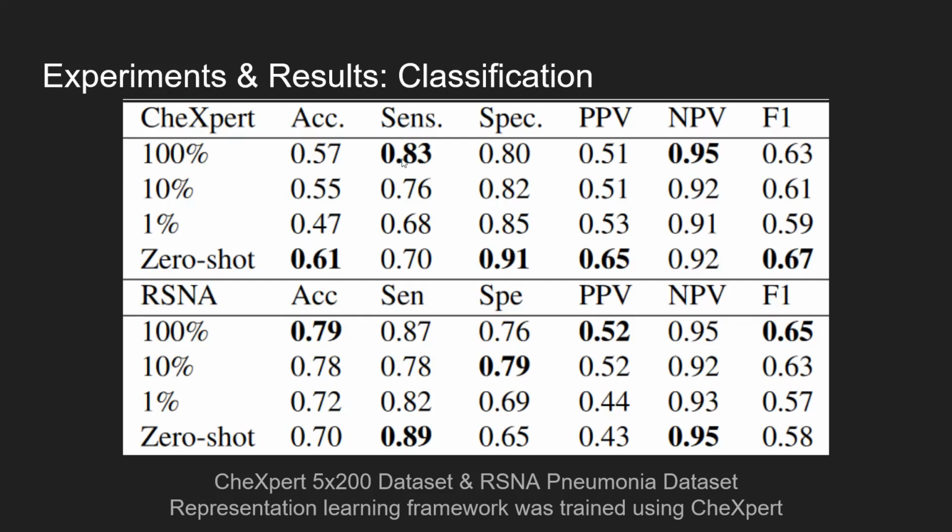The sensitivity is better, but the specificity is worse when fully fine tuned on these. And overall, the zero shot performance was very good. For the RSNA data set, the fully fine-tuned model did perform better than the zero shot method. However, we can see that the zero shot method was still very much competitive with some of the more fine-tuned models.